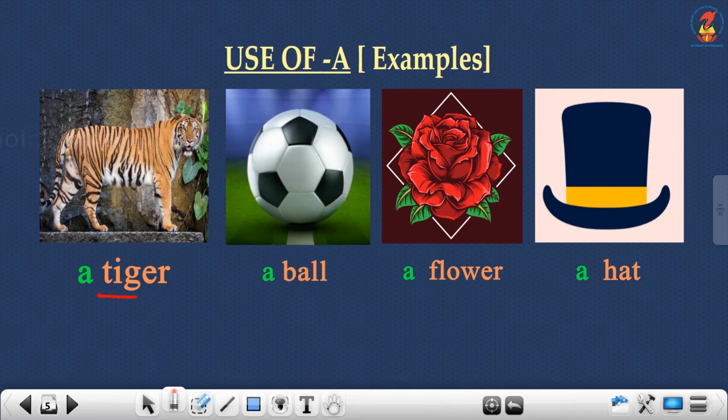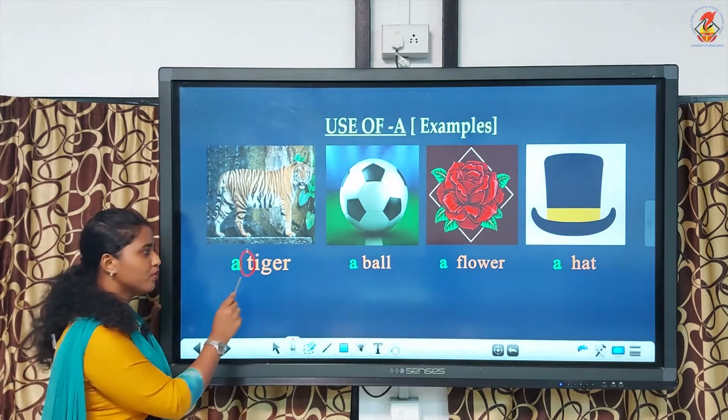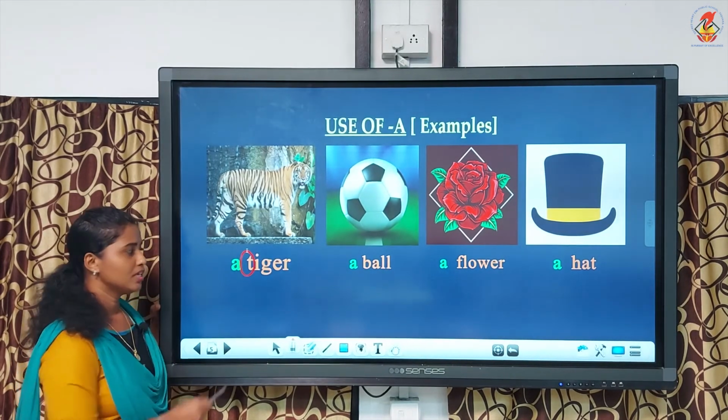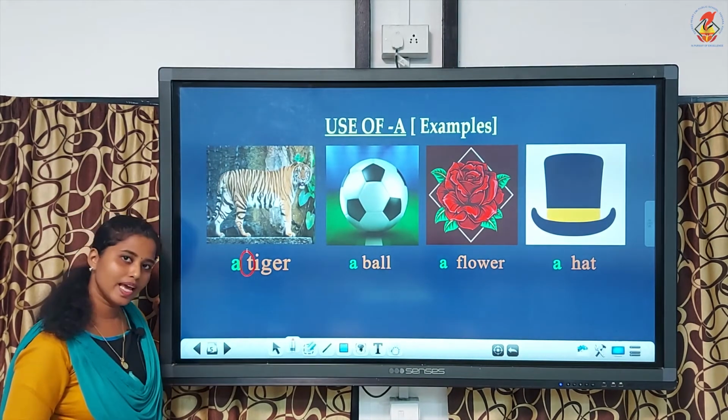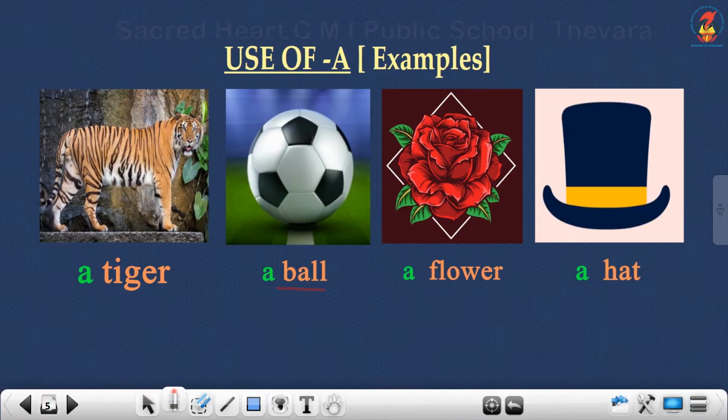In the word tiger, the first letter is T and it is a consonant sound. So before a consonant sound, you have to write the article a. The next word, ball. This is a thing and the first letter is B, and B is a consonant.